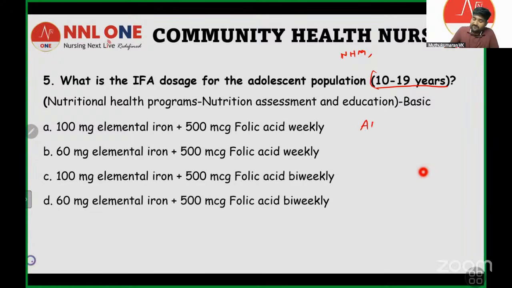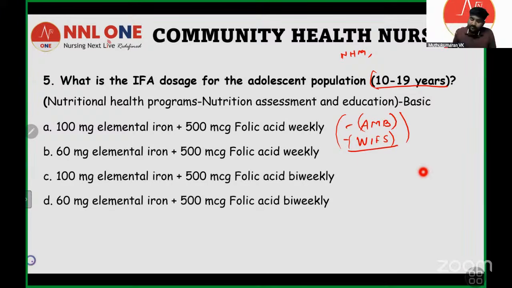In that we have Anemia Mukt Bharat, the first important one, then weekly iron and folic acid supplements. So we have 2 pages here. These are updated guidelines which I referred from the National Health Mission Indian website, as per the government guidelines.